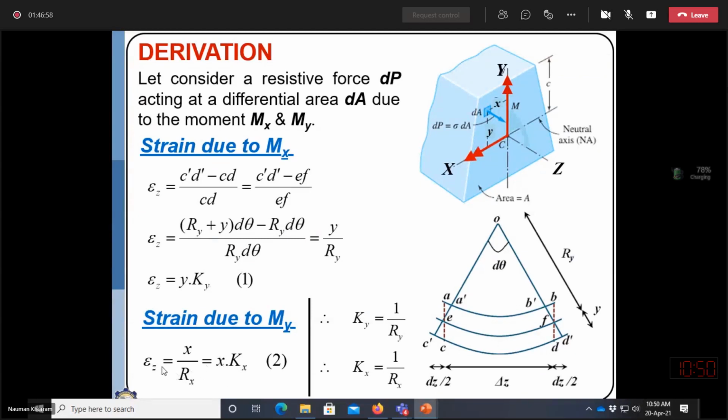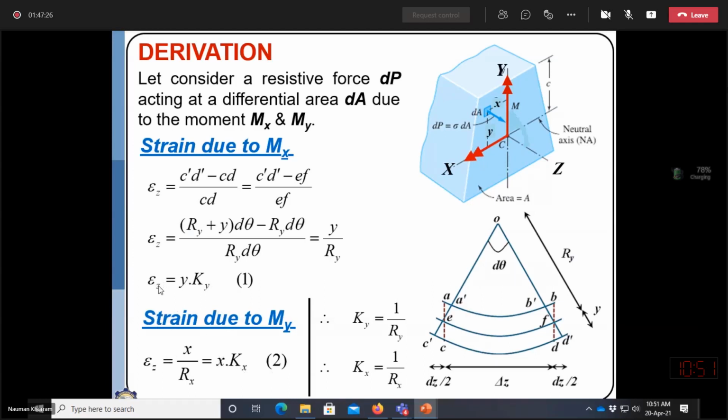In the same way, the strain produced along the z-axis due to moment My is a function of the curvature produced along the x direction multiplied by the distance of the fiber from the neutral axis at which we want to determine total strain. So total strain will be equal to the summation of equation 1 and equation 2.